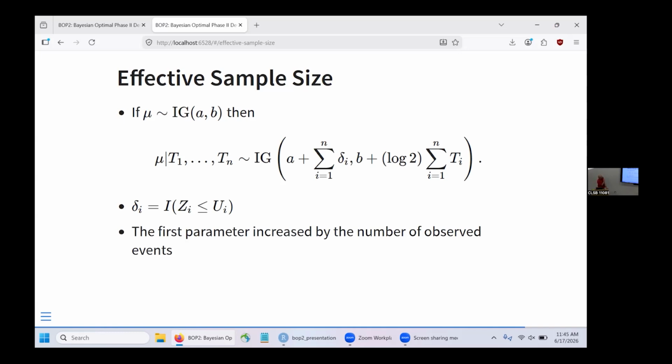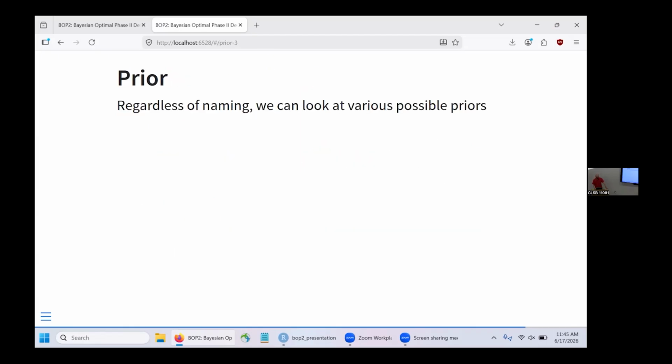The first parameter is increased by the number of observed events. So it seems to me like the first parameter should be the effective sample size, not the effective sample size minus 1.